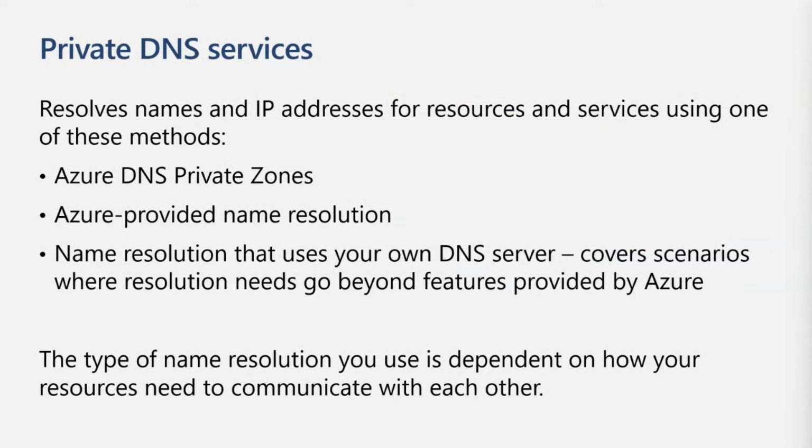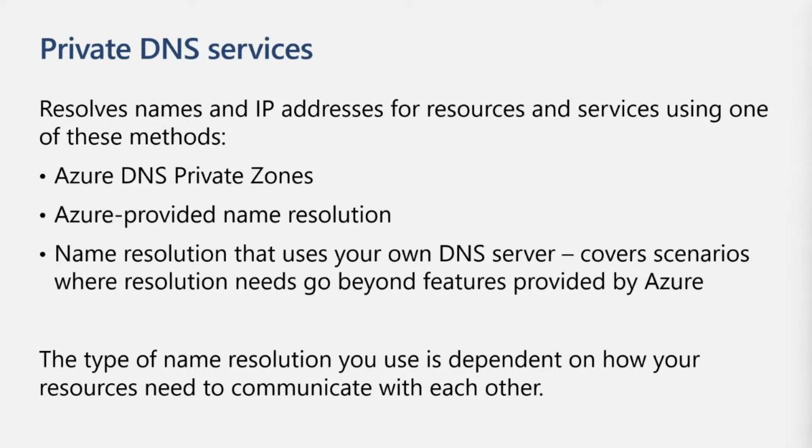Private DNS services give you the ability to resolve names and IP addresses for resources and services using one of these methods. There are three here: Azure DNS private zones, Azure provided name resolution, and name resolution that uses your own DNS server. This would cover any scenarios where your resolution needs go beyond what is provided by Azure.